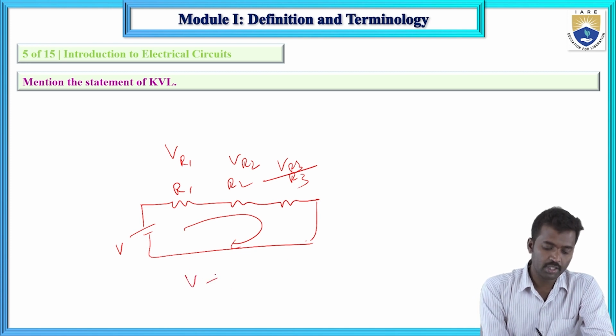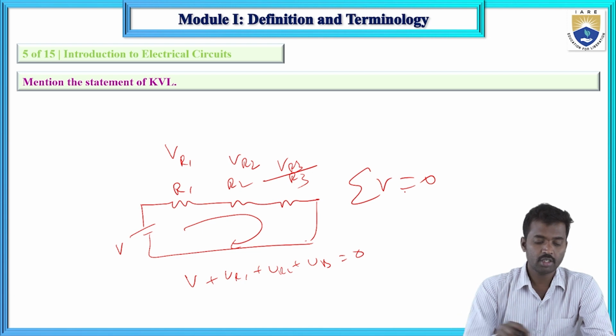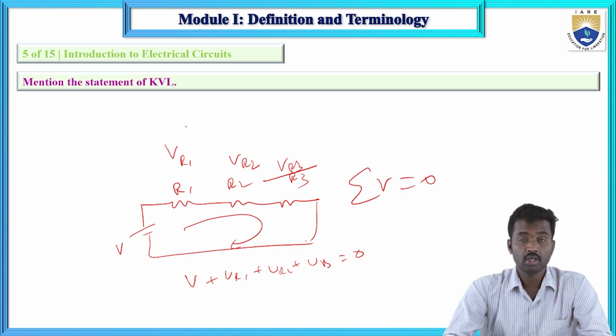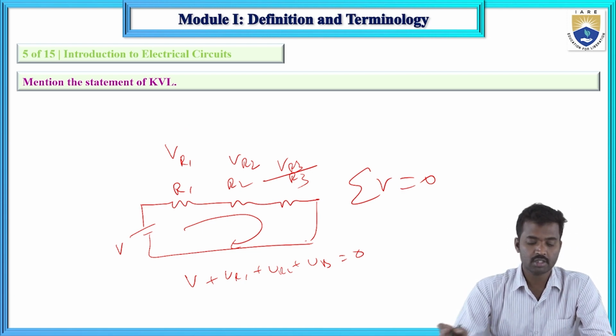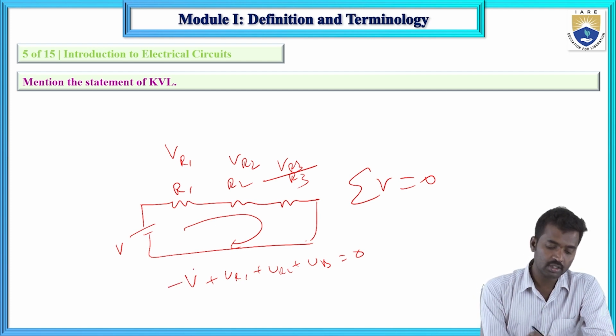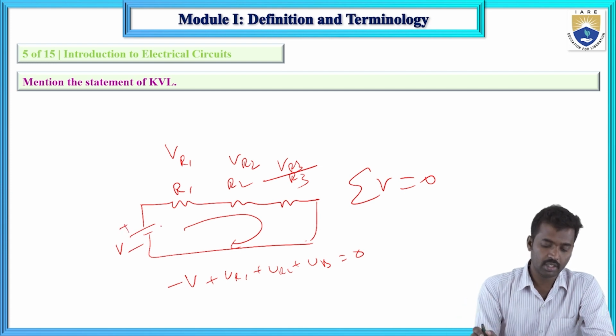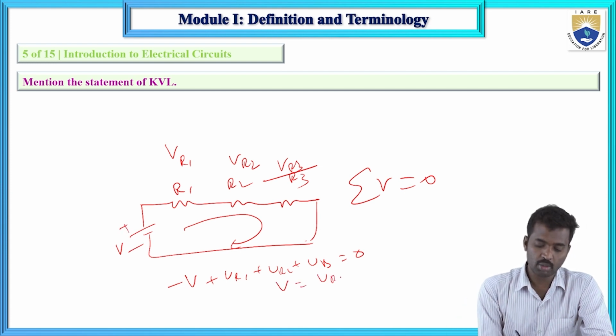So the supply voltage plus VR1 plus VR2 plus VR3 equals 0. Depending on the current direction, this will be either positive or negative. So supply voltage equals the sum of the individual resistive drops.